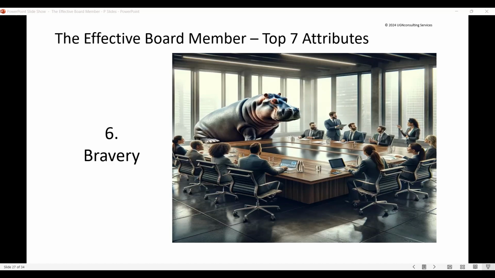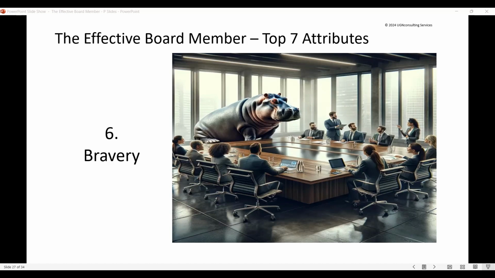Even to avoid the conflict of interest that normally arises, you need to be brave. You need to say, okay, this is against the interest of the company, even though it's my interest. It requires bravery. So bravery is so important in the board.